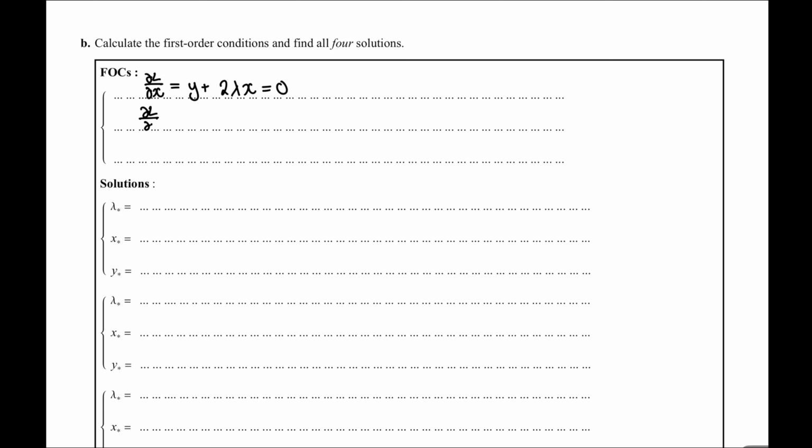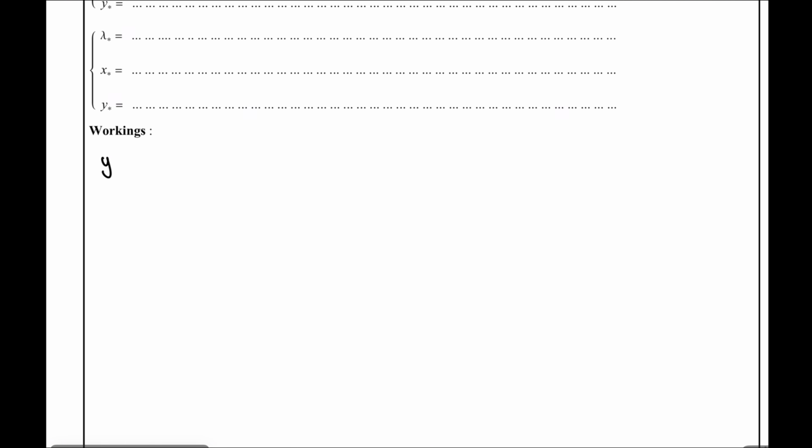Differentiating it partially with respect to y, we get x plus 2 lambda py is equal to 0, and differentiating it partially with respect to lambda, we get the constraint, so minus r squared plus x squared plus py squared equals 0.